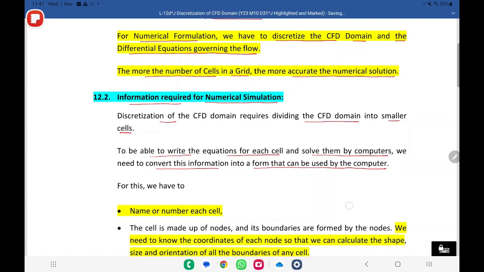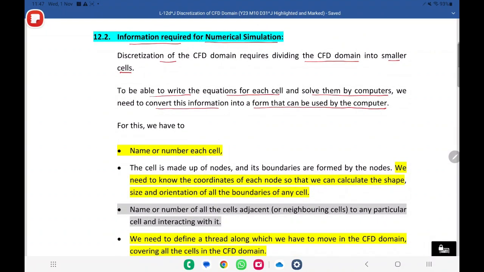Now for this, we have to name or number each cell, because we have to identify it. The computer will identify the cell by a name or a number. Normally it is a number; even if you give a name, it will be A1, A2, A3, A4, which is the same as 1, 2, 3, 4.